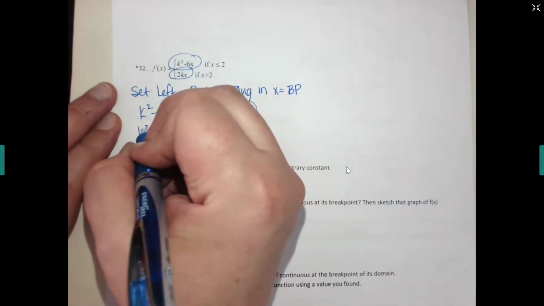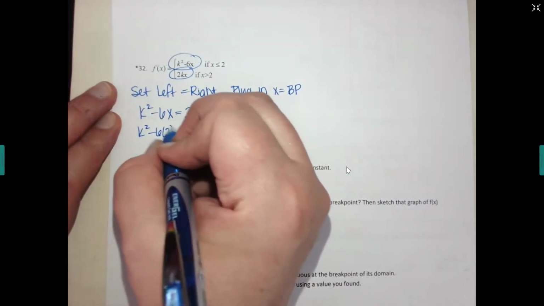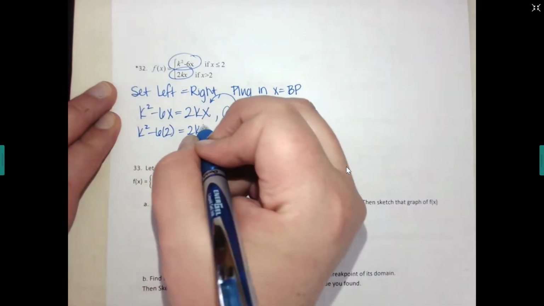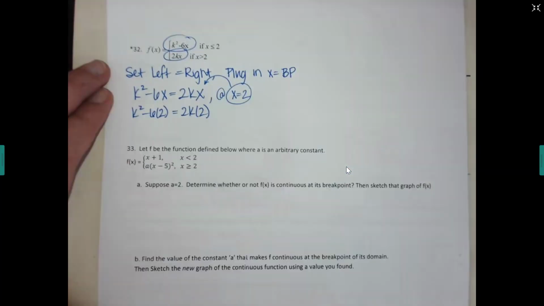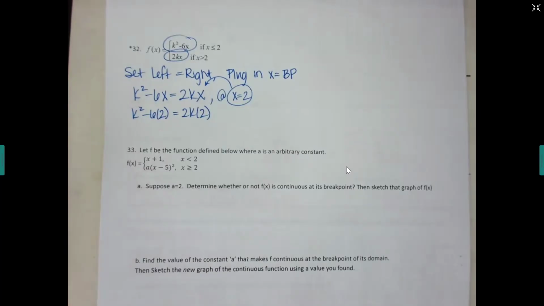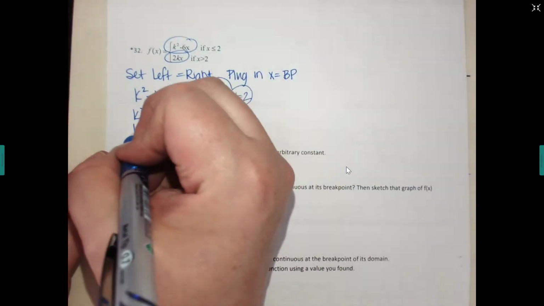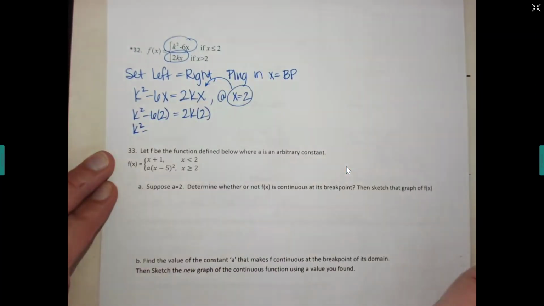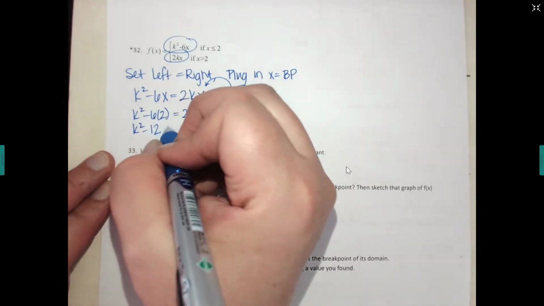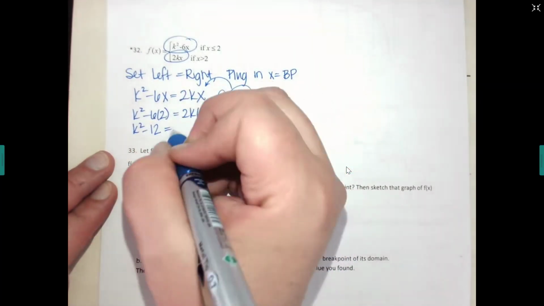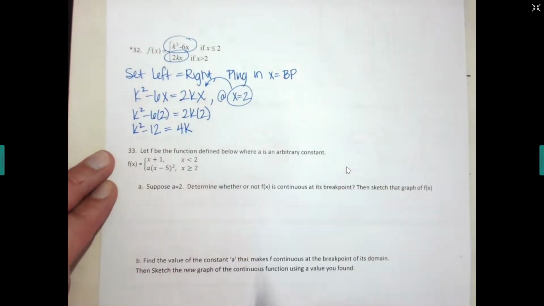So now it's k squared minus 6 times 2 equal to 2k times 2. On the left side, what's the 6 times 2 going to give me? And on the other side, 2k times 2 would be 4k.